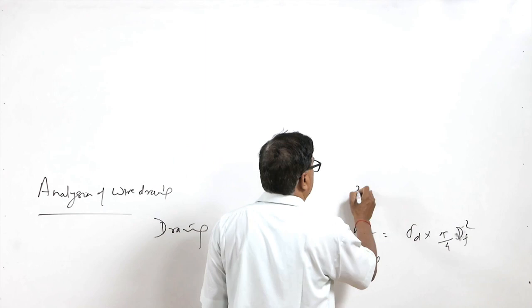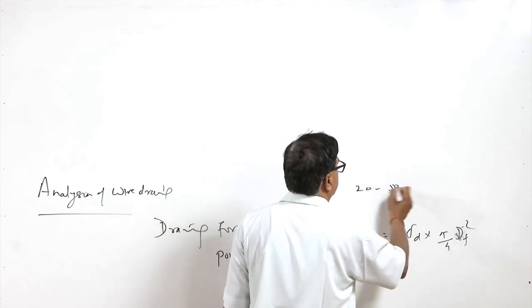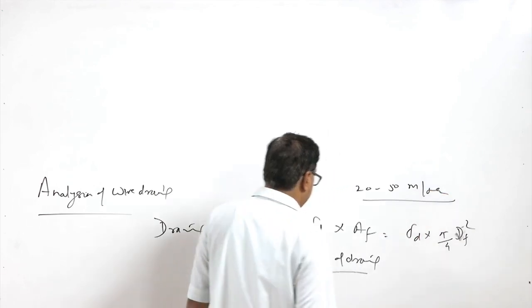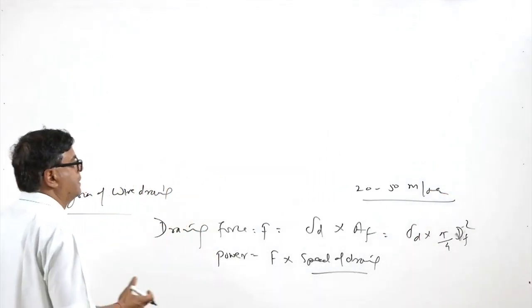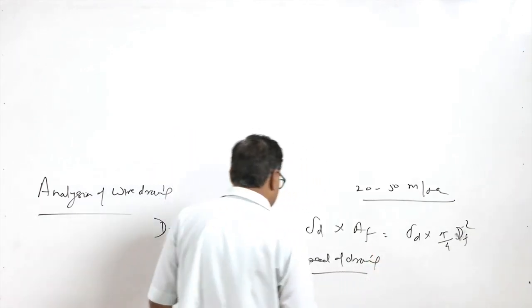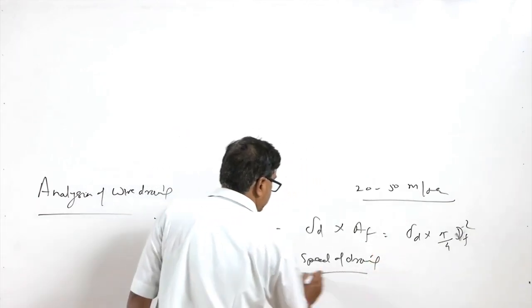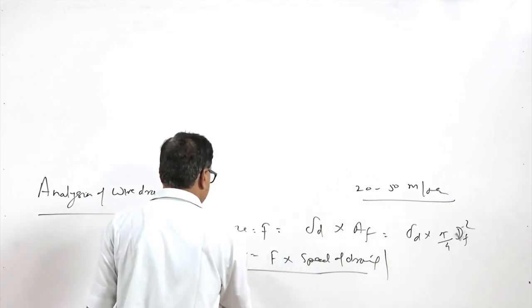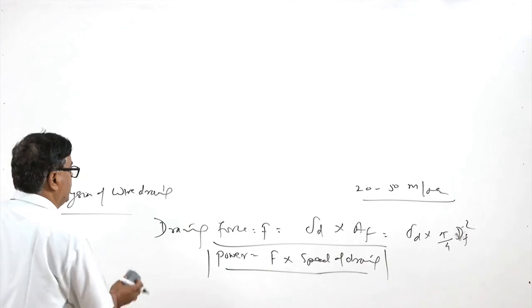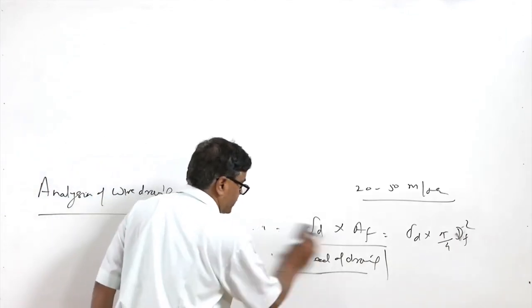Normally it may range from 20 to 50 meters per second. It will depend upon a number of parameters like the metal system, the die angle, etc. So, this is how it can be used for calculating the power which will be consumed in the drawing process.